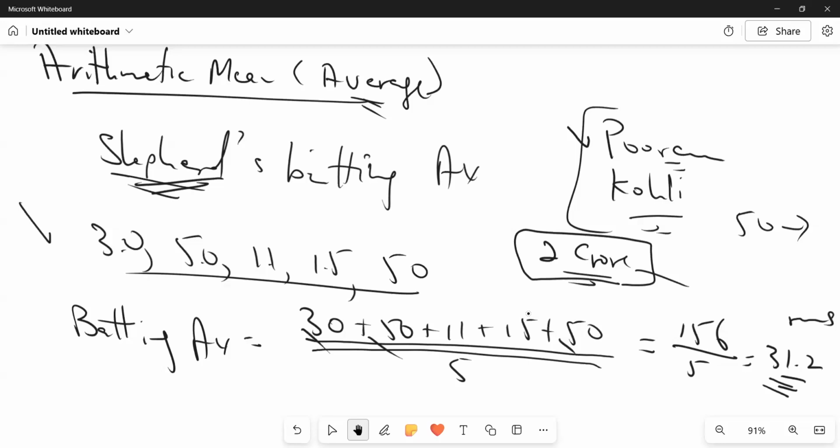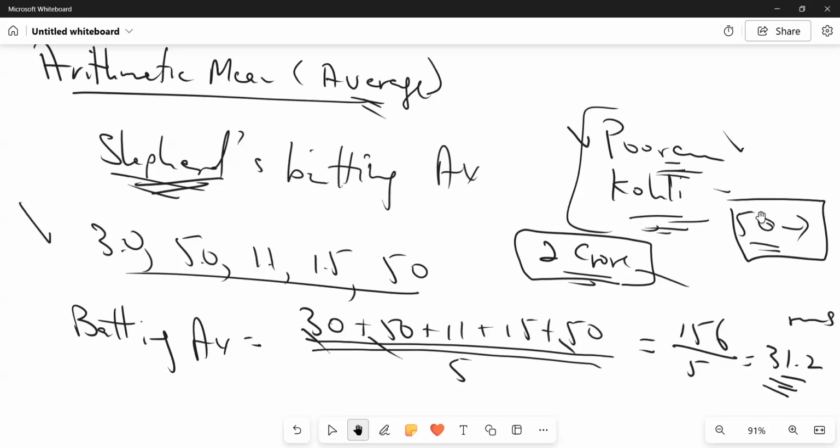But their batting average is what you hire them by, because they don't bowl, they just bat. So having a high batting average is very important.